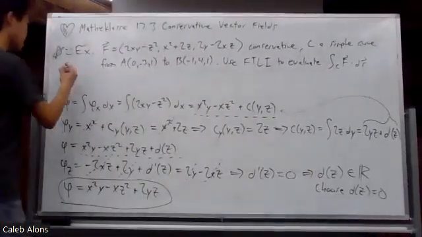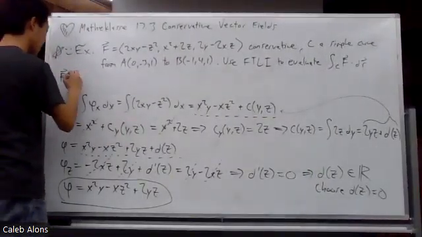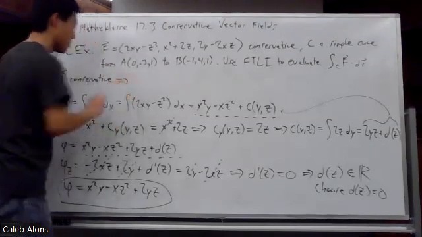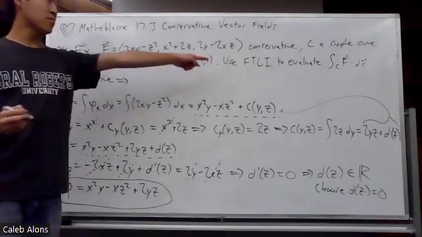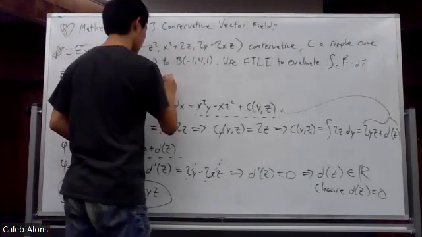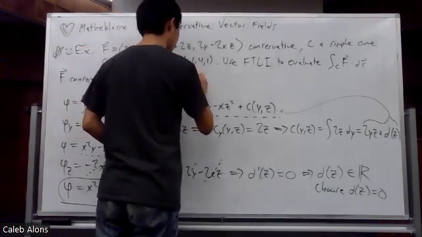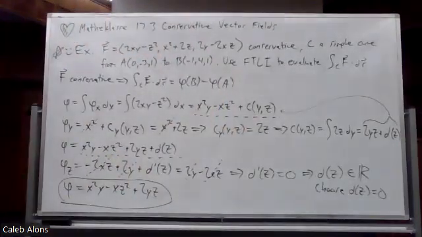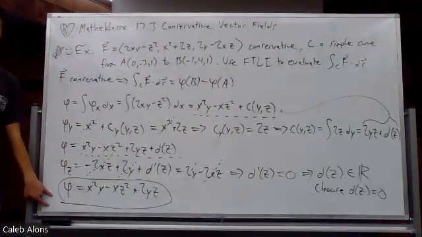The last step is saying, okay, well, F is conservative. And because F is conservative, the fundamental theorem for line integrals tells me that the integral of F dot dr is the potential evaluated at b minus the potential evaluated at a. Now, do you see why we spent all this time going backwards?